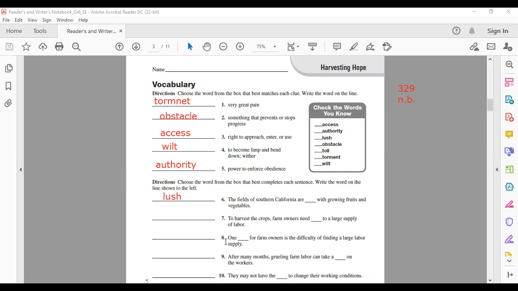Okay, number 7, Malak. To harvest the crops, farm owners need a large supply of labor. The crops and farm. So they need what?